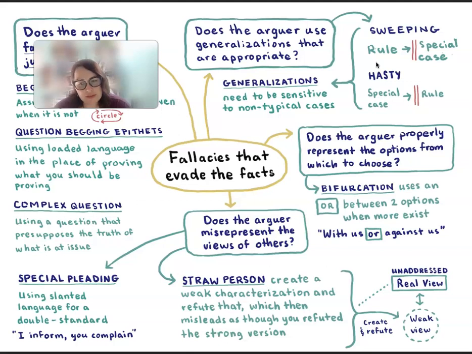So bifurcation is this fallacy where an arguer will represent something as an exclusive either or to try to force you to choose. And there are actually more options. It's a technique where you're presuming that you've represented all of the options.